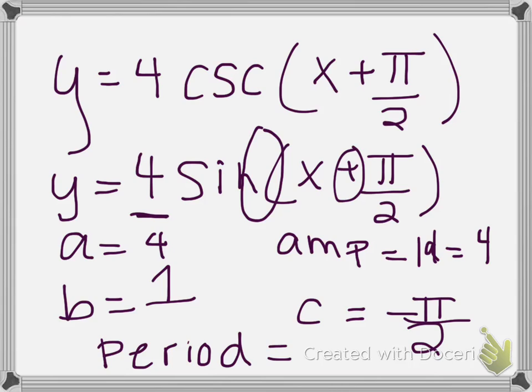Your period is always 2 pi over B. And in this case, since there's no B, it's only 1, it's 2 pi. So if you have a C, you will only need to have the first and last point in your graph.